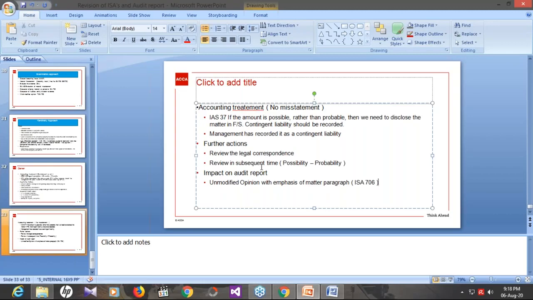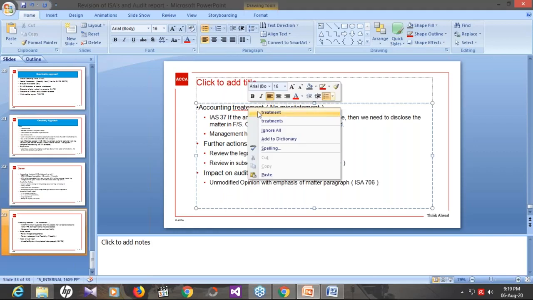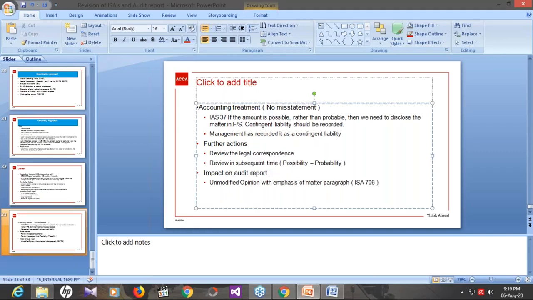So I'm hopeful that you guys have understood the format. First of all, you need to understand whether the accounting treatment that management has recorded is correct or not.